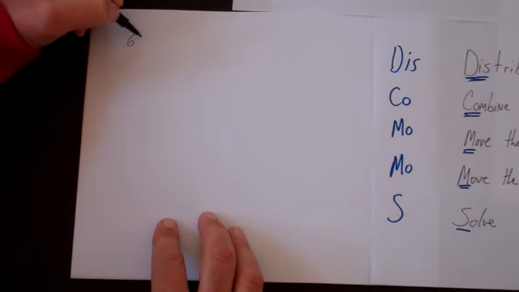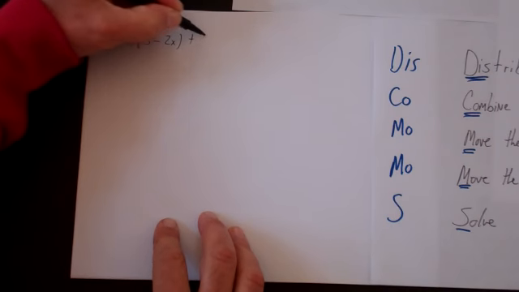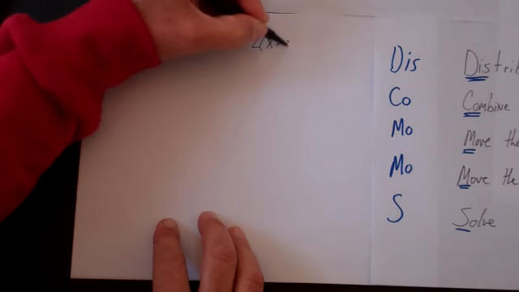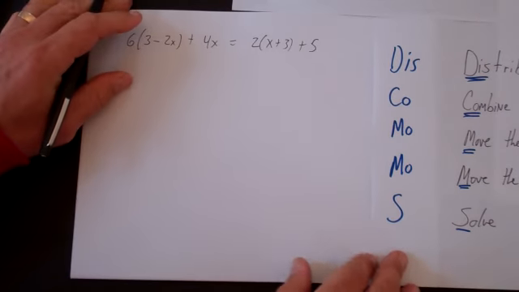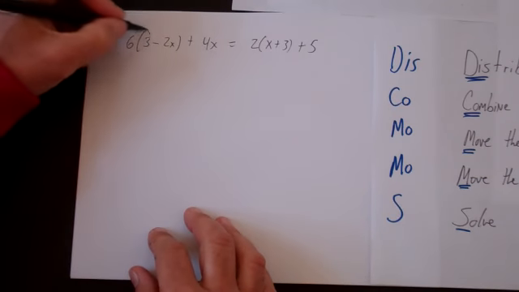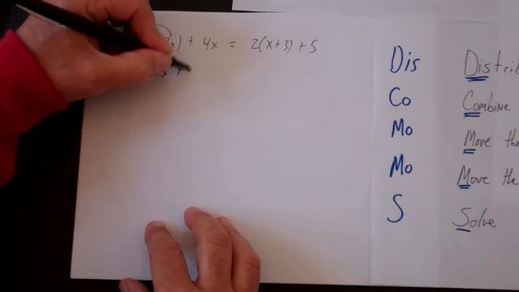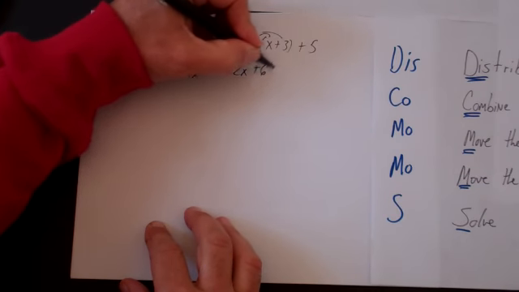Let's do 6 times (3 minus 2x) plus 4x is equal to 2x plus 3 plus 5. About as hard as a simple linear equation gets. First thing we're going to do is distribute. 18 minus 12x plus 4x is equal to 2x plus 6 plus 5.